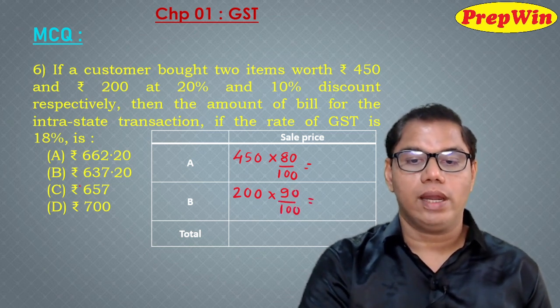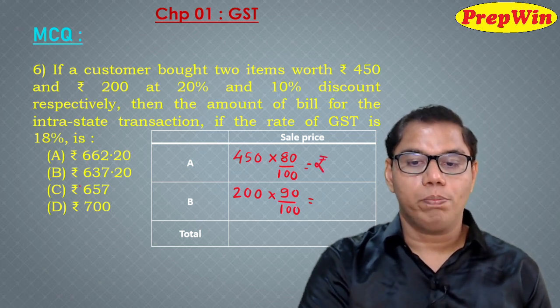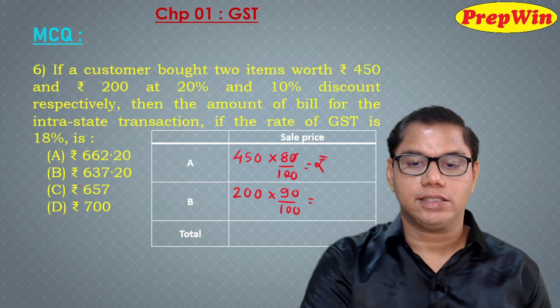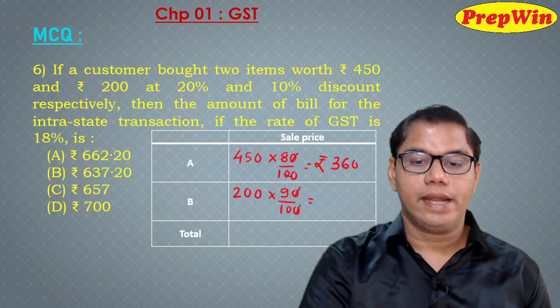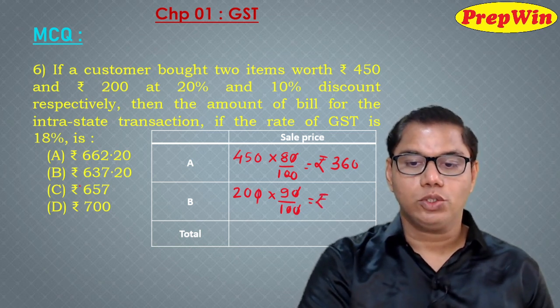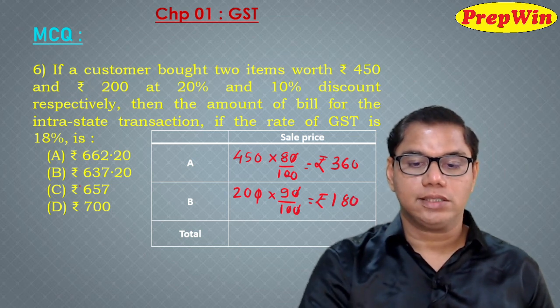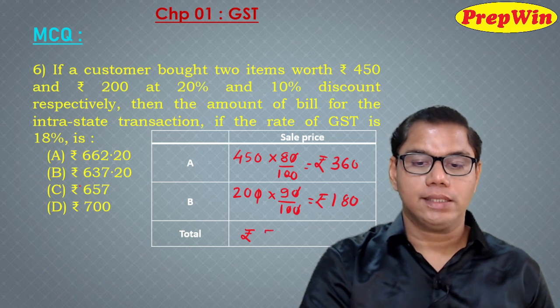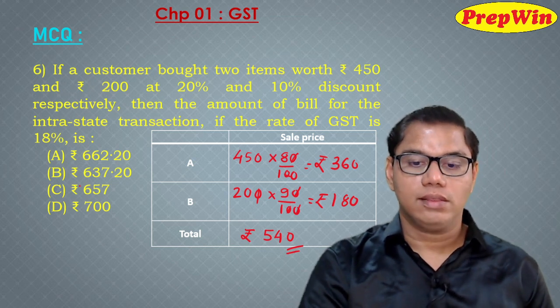So on calculating 80% of 450, we get rupees 360, and 90% of 200 rupees is rupees 180. On adding 360 and 180, we get the total sale price as rupees 540, and your GST will be calculated on the sale price.